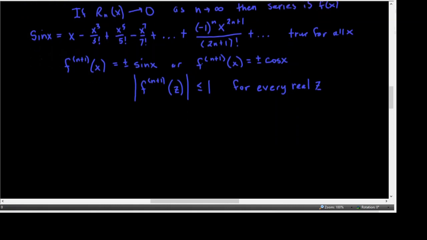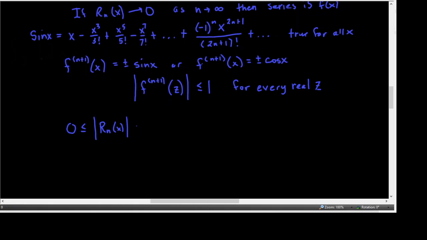So, we know that when we're taking the absolute value of something, the answer is going to be greater than or equal to 0. So 0 is less than or equal to the absolute value of r sub n of x, right? Make sense?